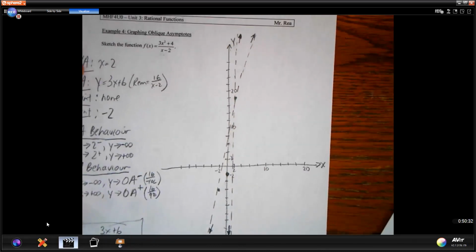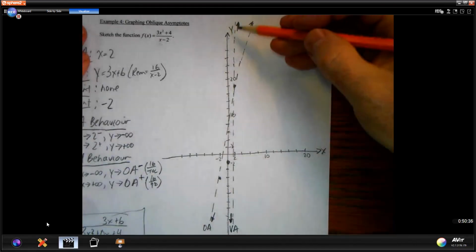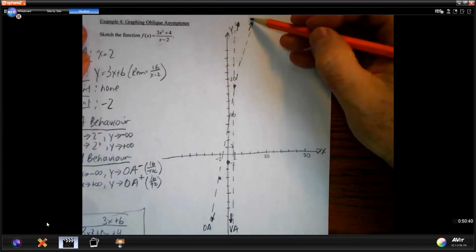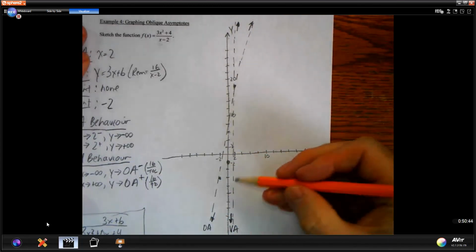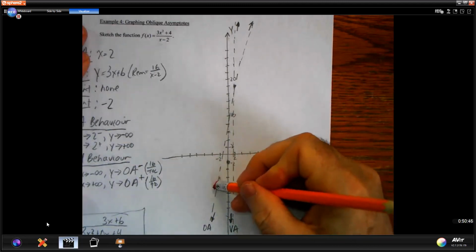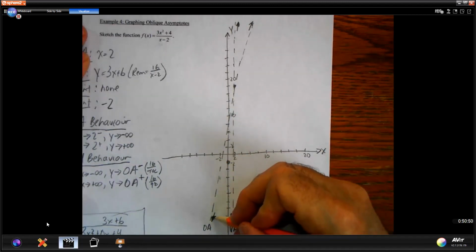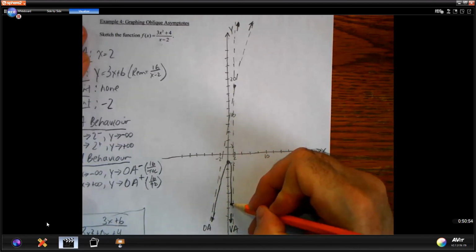Okay, so just barely fit that on the screen. You can see I've got 2 arrows in this pie-shaped region, plus a point. This isn't really a point here, that's just from my oblique asymptote. So I'm just going to do my best job to connect these.